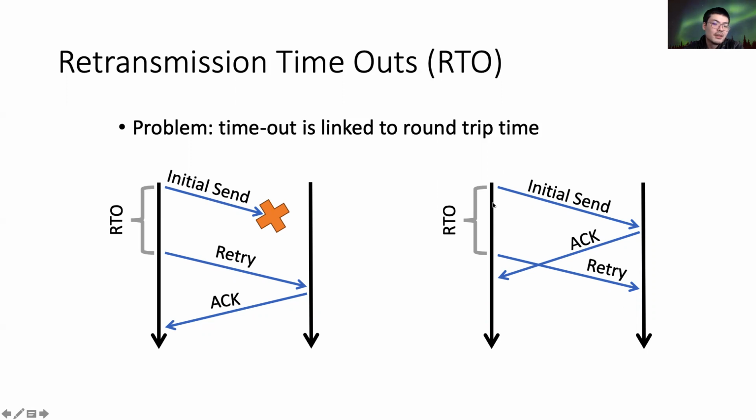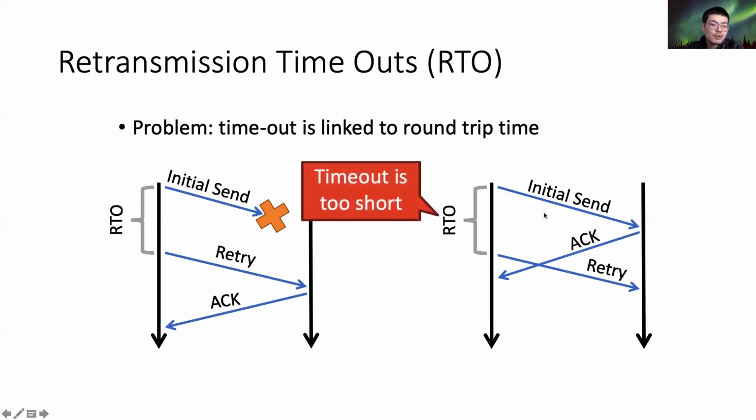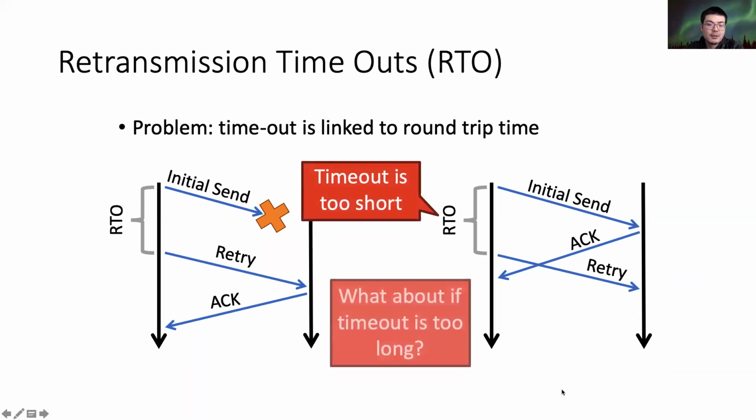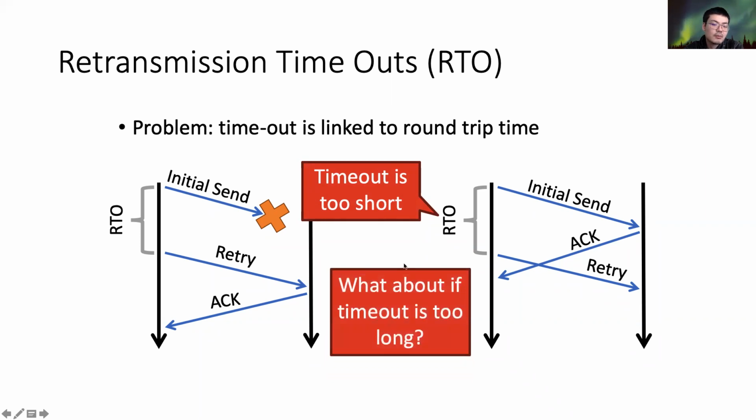You are not patient enough to wait for the needed time to get a response. You will just retry, keep retrying, sending the same packet again and again. If you send many packets, it will be catastrophic. So the RTO should really be long enough. If the timeout is too short, that's unacceptable, because you are doing unnecessary retransmission.